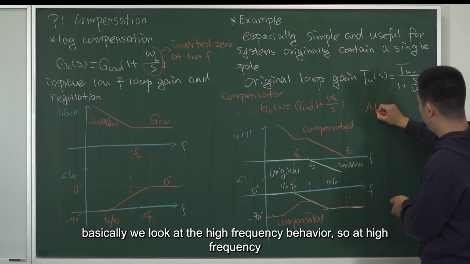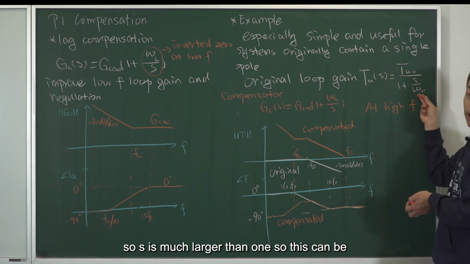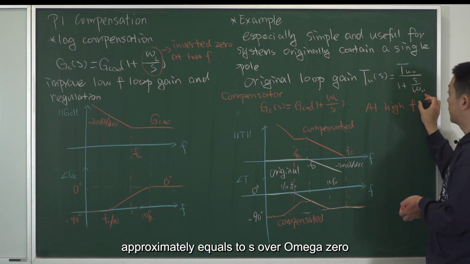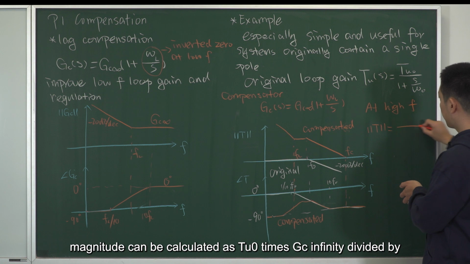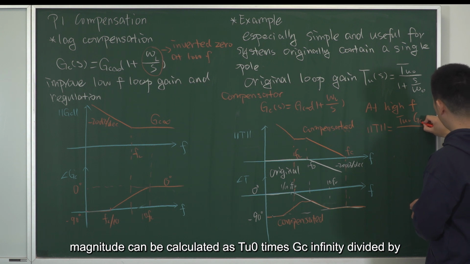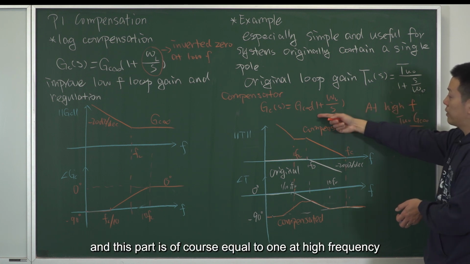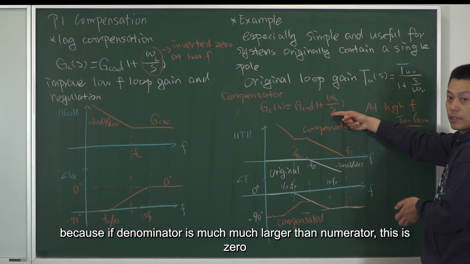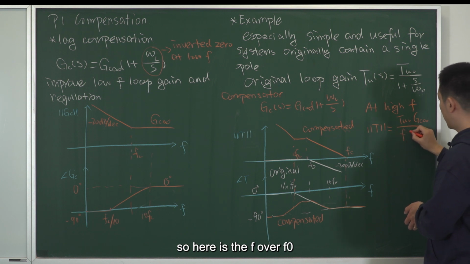At high frequency, s over omega 0 is much larger than 1, so the denominator can be approximated as s over omega 0, and the 1 is ignored. The compensator term is approximately equal to 1 at high frequency, because omega L over s is much smaller than 1. So the magnitude of T can be calculated as TU0 times GC infinity divided by F over F0.